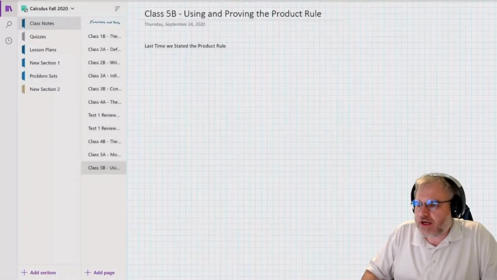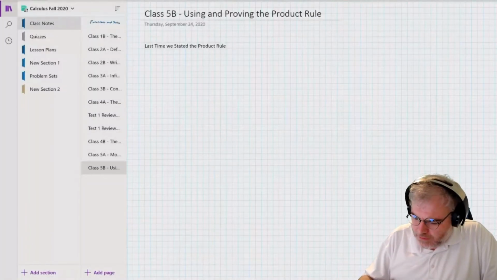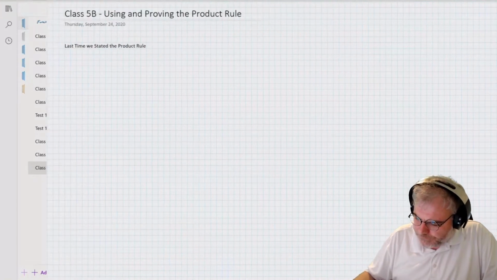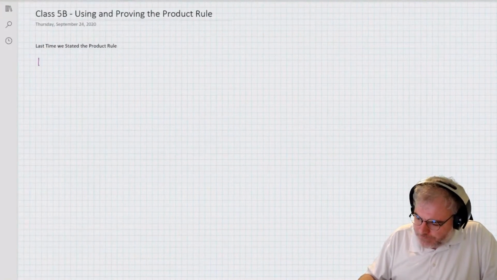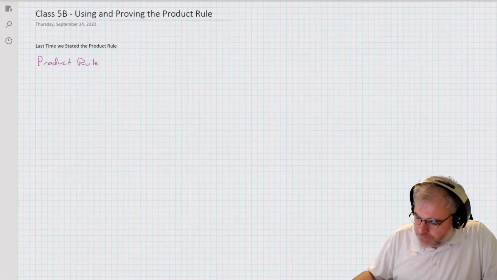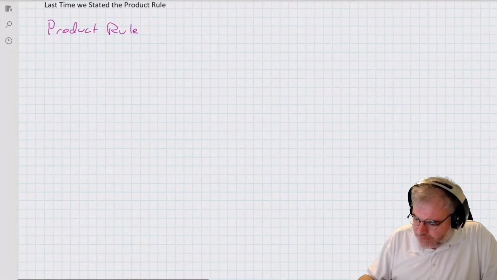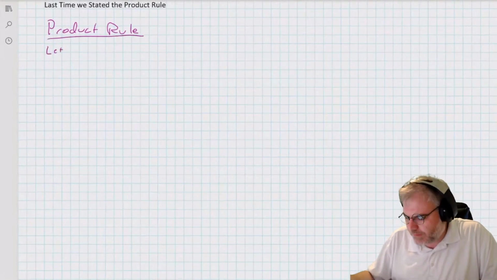Anyway, last time we stated the product rule. But just as a refresher, it's this. The product rule. The traditional way of stating it is like this. It's a theorem.